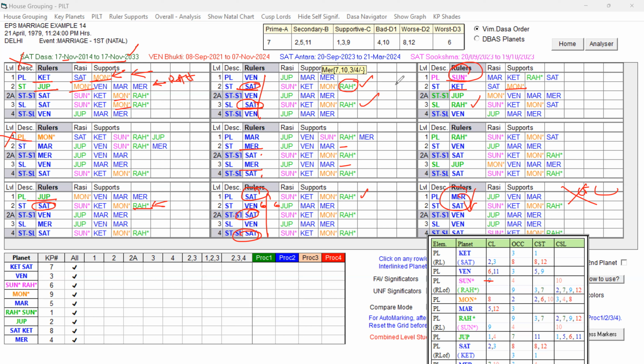As I said, studying such things with the help of the EPS table will be more useful than checking in the PILT table. In the PILT table, when the EPS colors of all the significations, or many significations, are going to be the same, or many planets have similar colors, then we will not be able to differentiate.